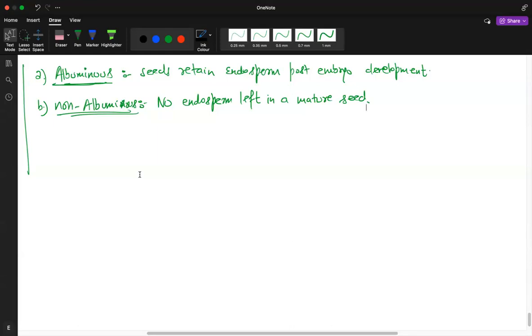This persistent nucellus is called perisperm in the seeds. Okay, perisperm, not endosperm. But perisperm is also nutritional. Perisperm is diploid. Endosperm is triploid. Make sense, everyone? Just so that you understand this thing.